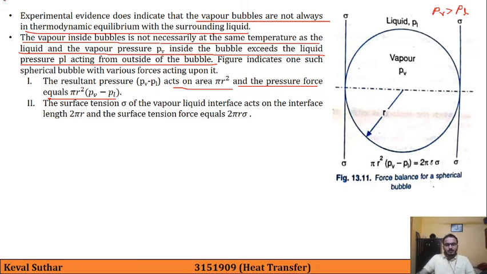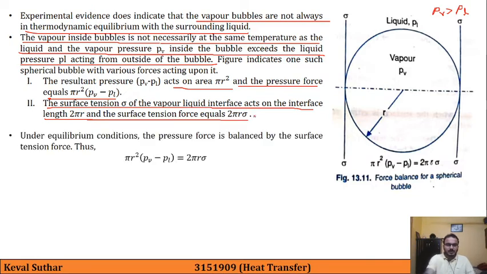The second force is the surface tension force. The surface tension sigma of the vapor-liquid interface acts on the interface length, that is 2 pi r, the whole circumference, so the surface tension force equals 2 pi r into sigma. We can equate them under equilibrium conditions, and we get the pressure difference PV minus PL as 2 sigma divided by r.